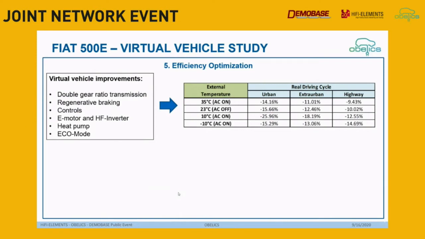To test this efficiency improvement, we calculated a matrix of different scenarios composed of the combination of different external temperatures from -10 degrees to 35 degrees and different real driving cycles: urban, extra-urban, and highway.